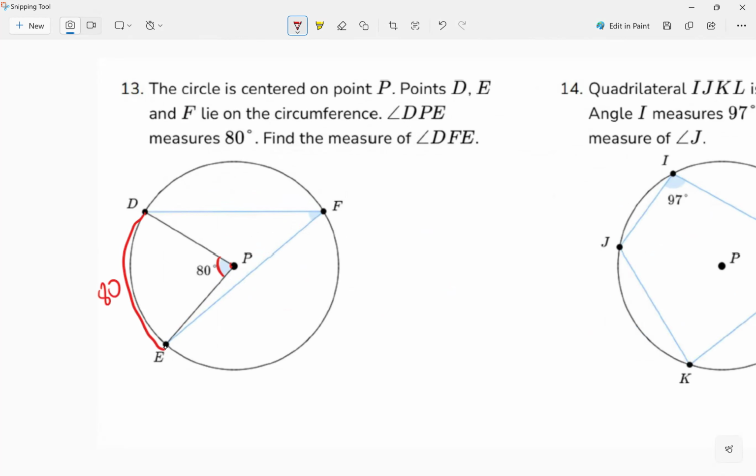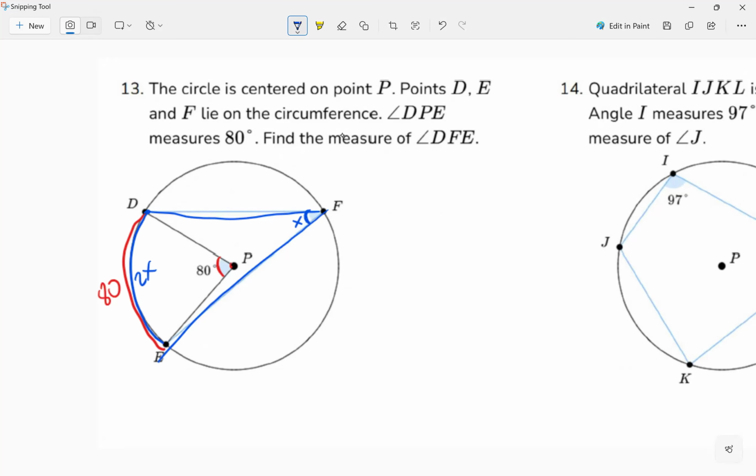Find the measure of angle DFE. Now, DFE, if I connect D with F and E, I'm talking about this angle. And so I know this arc right here, it is 2 times x, right?